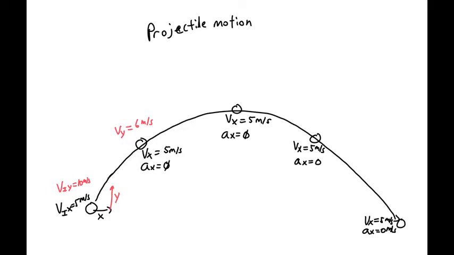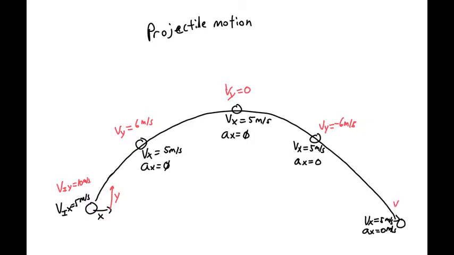At the very top, in the y direction, your velocity is 0. What about over here? Velocity in the y direction will be -6, let's say. Again, we could calculate it, but it's more about the conceptual understanding.